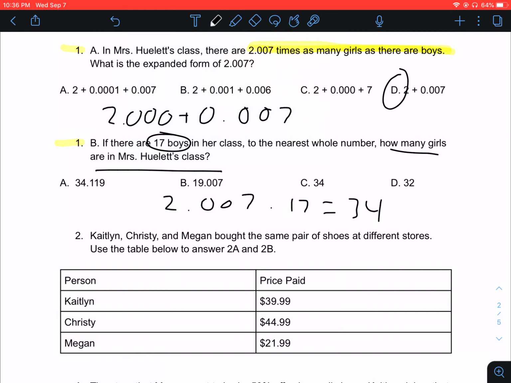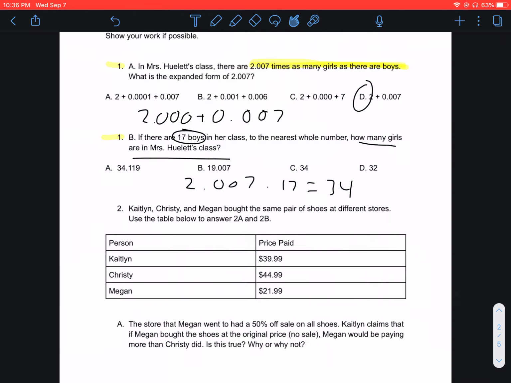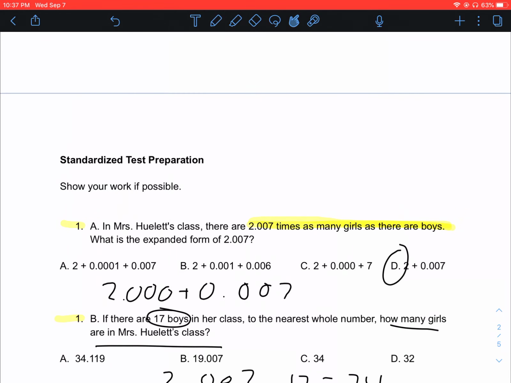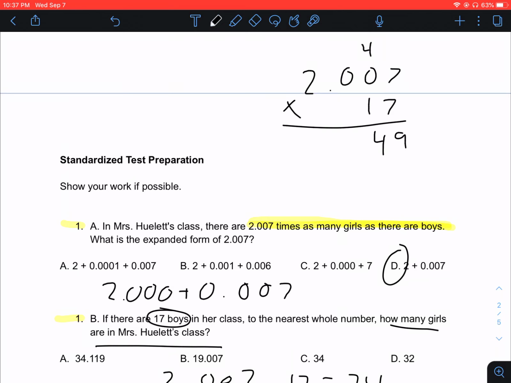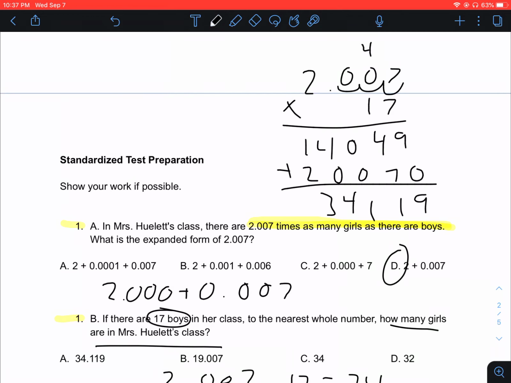Let's do the work. 2.007 times 17. And then you move the decimal places 1, 2, 3 times.